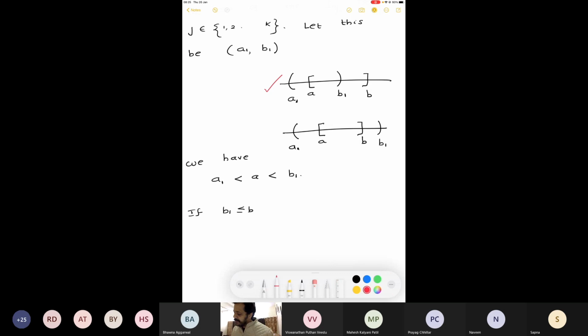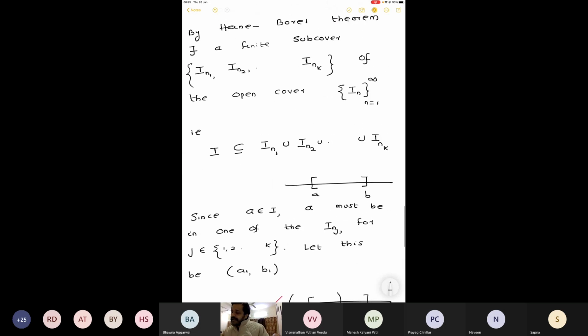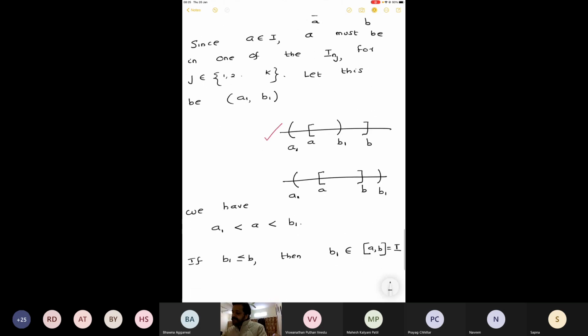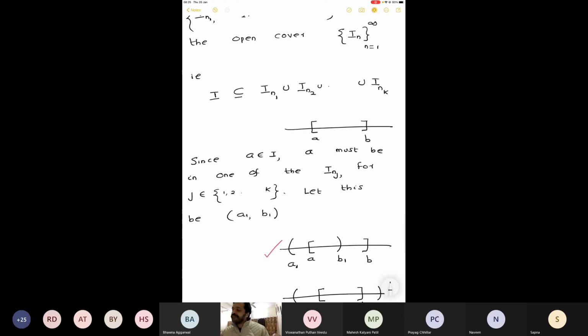You will understand why soon. If b1 is less than or equal to b, then b1 is in [a, b], and [a, b] is your I. So b1 is a member of I, and I is covered by I_n1, I_n2, and so on, I_nk. Therefore, b1 should be in one of these intervals.